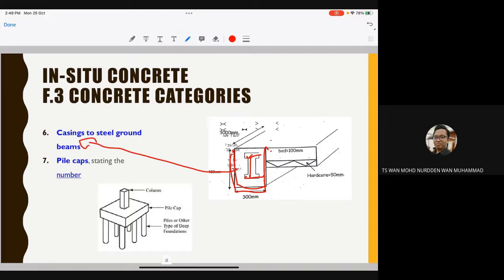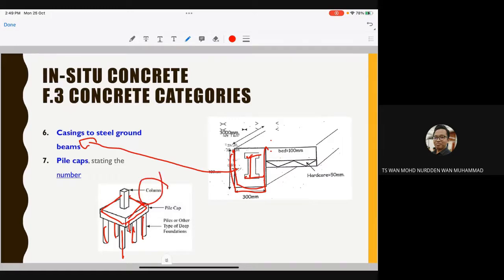Number 7, pile cap, setting the numbers. Yes, this is a pile cap. A pile cap and a foundation look the same, but the difference is that a foundation has no pile below, while a pile cap has piles below, because all of these piles will be used to support, for example, one column.